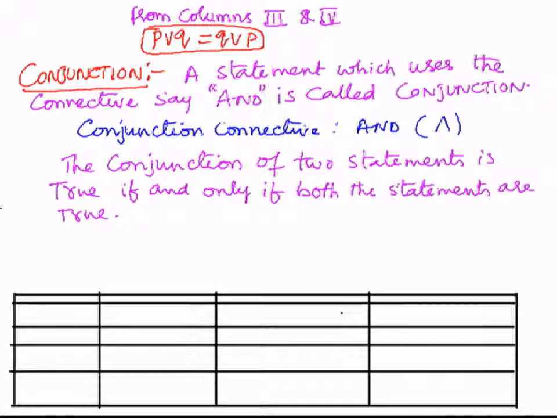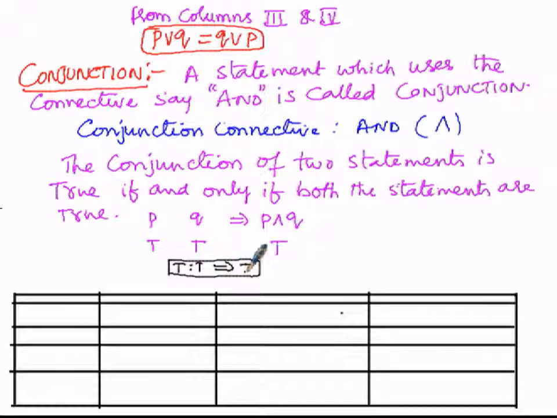That means if the first statement P is true and the second statement Q is also true, then P and Q, that is the conjunction of the two statements, also will be true. That means true implies true.